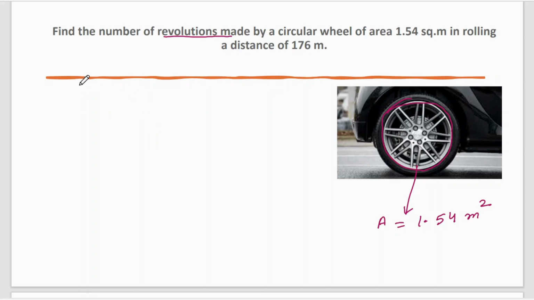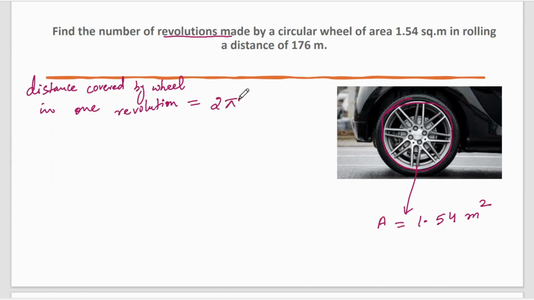So we have to first find the distance covered by the wheel in one revolution. And what is that? The distance covered by the wheel in one revolution is nothing but the circumference of the wheel or circle, and it is 2 pi r.